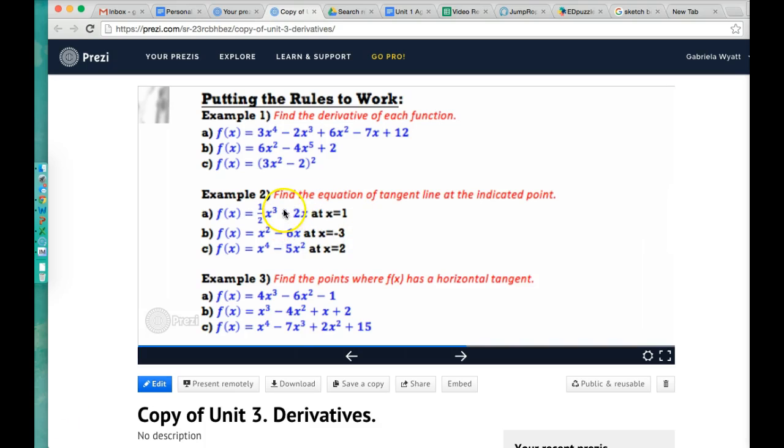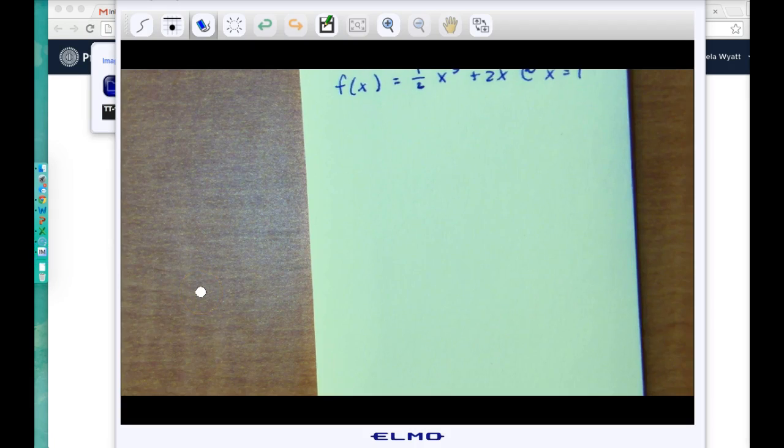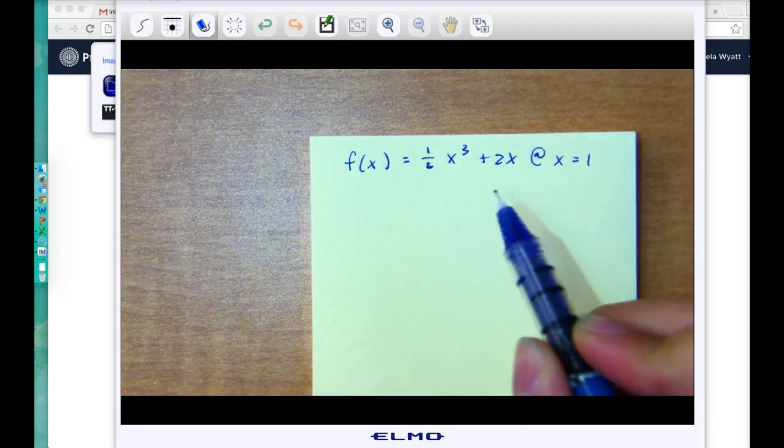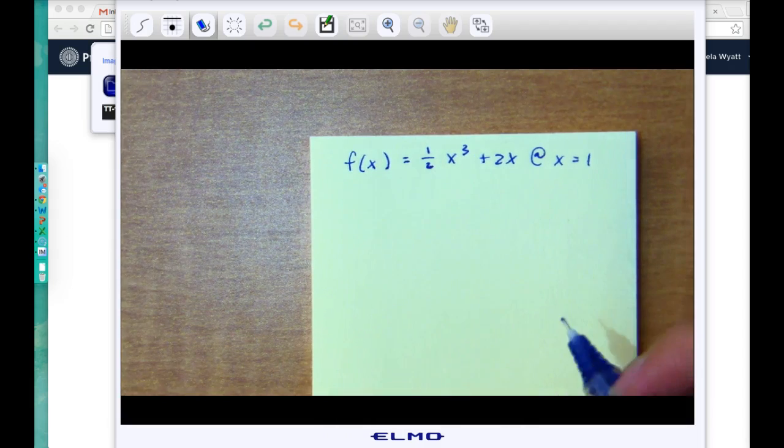Next set of problems, we're going to find the equation of the tangent line at the indicated point. So I'm going to start off with this first one, f of x equals 1/2 x to the power of 3 plus 2x at x equals 1. When I'm finding the tangent line equation, before I start, I want to find my y value when x equals 1, just because that'll be helpful later.